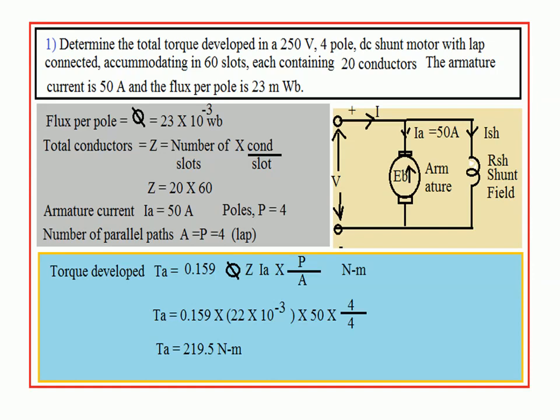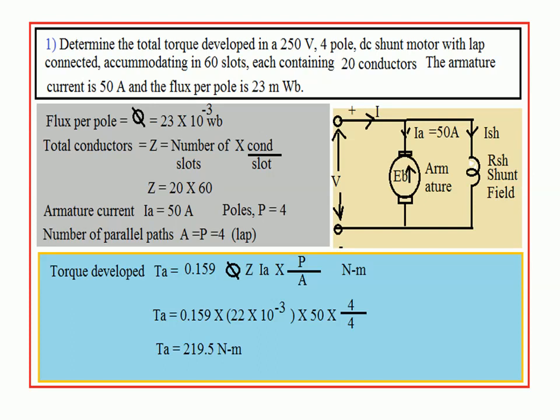First type of motor is DC shunt motor. You write down the supply voltage, that is 250 volts. Number of poles 4. Number of slots is given. Conductors in one slot is given. Hence total armature conductors Z should equal number of slots into conductors per slot. Z you calculate.